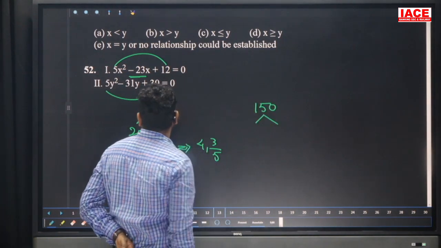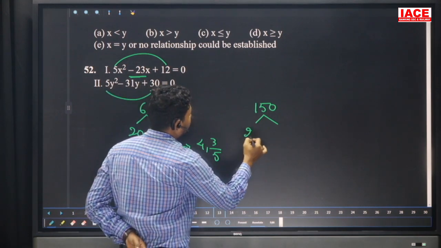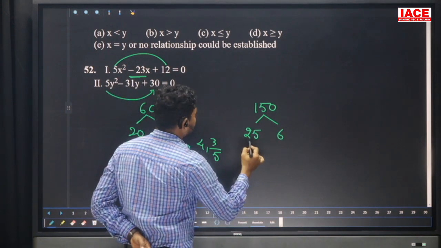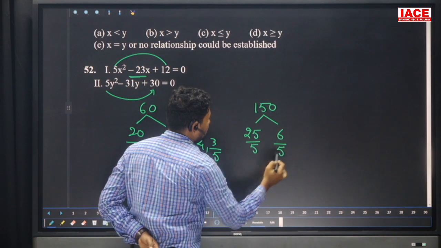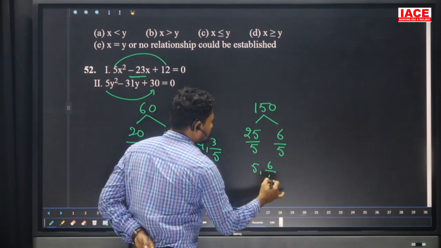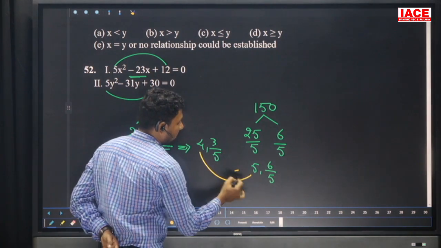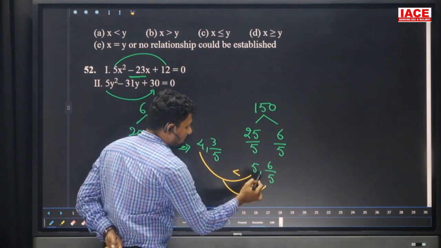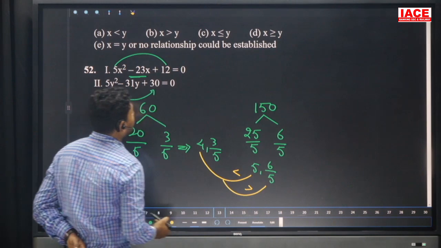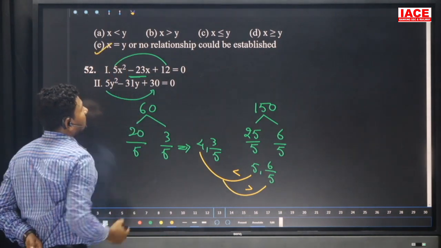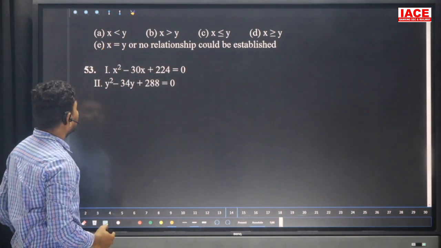Then 150 we can write here 25 6s, and divisible by 5. Then final factors are 5 comma 6 by 5. And comparing the result here, so 4 to 5, 5 is bigger, and 4 to 6 by 5, 4 is bigger. One less than, one greater than means here also relation cannot be established. And go for the next one.